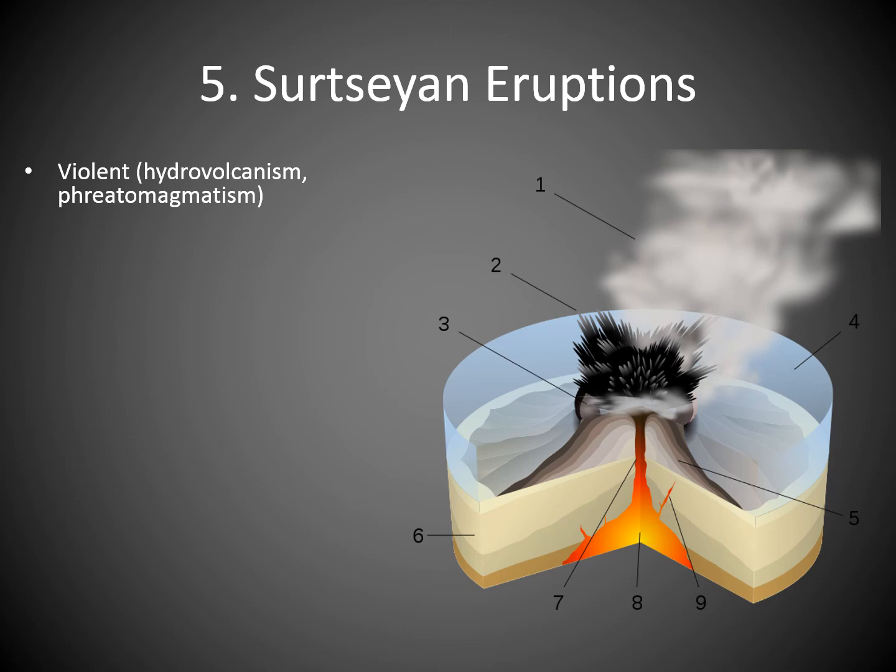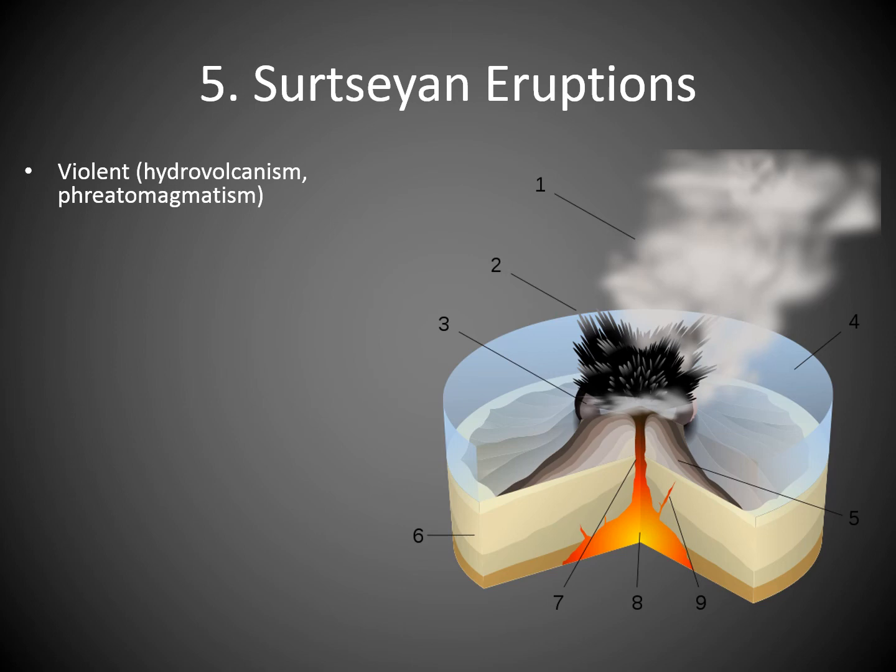Tuff is the term for broken up pieces of volcanic rock formed during a volcanic explosion. Because these are so violent, the ash tends to be super fine.